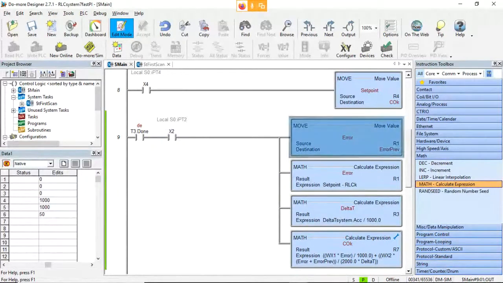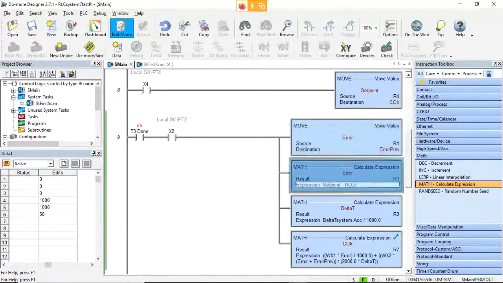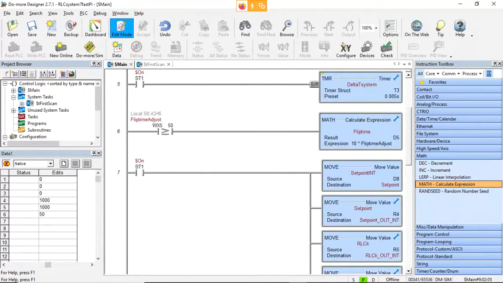So the first thing I have to do is the move. Then I'm going to calculate the new error. The error is simply the set point minus the RLC, which is our feedback, our Y value. Then I threw in this calculation because I need to get the delta t. Now, I hard-coded delta t up here to be 5 milliseconds.